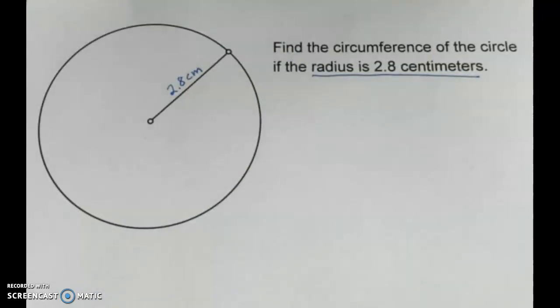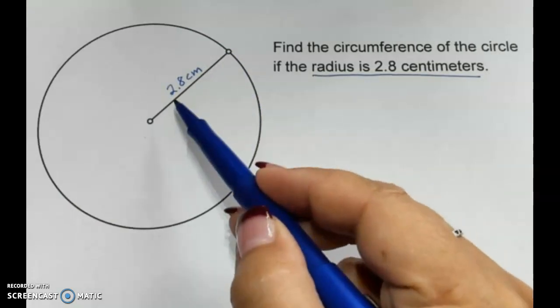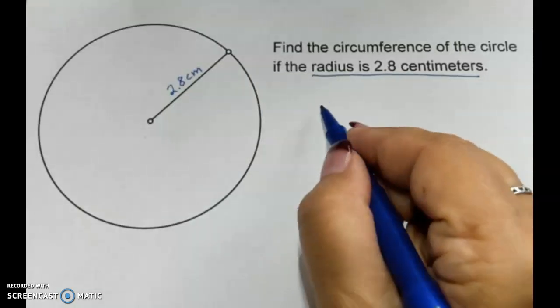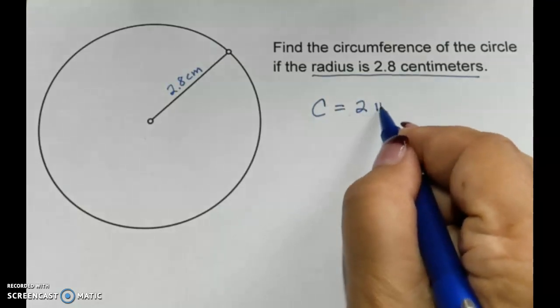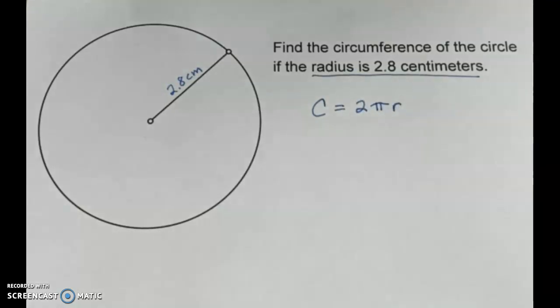Now, because I am dealing with a radius, the formula that I'm going to use is the formula that includes radius. So that formula was 2 times pi times the radius. And I would like to encourage you to always start by writing your formula. And then our next step is going to be to substitute in any values we know.